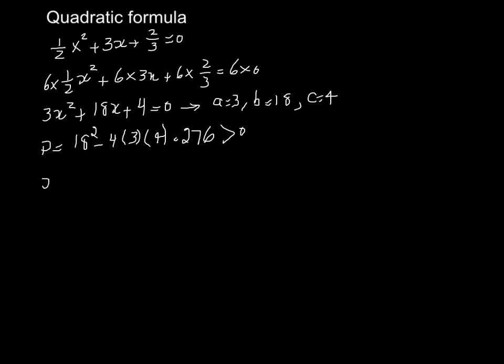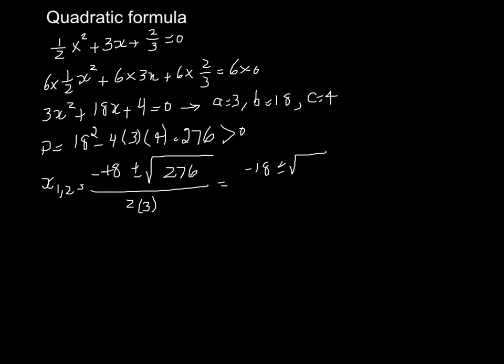So we can say x1 and 2 is minus b, which is minus 18, plus or minus square root of d, which is 276, divided by 2a, which is 2 times 3, which is minus 18, plus or minus square root of 276 divided by 6.